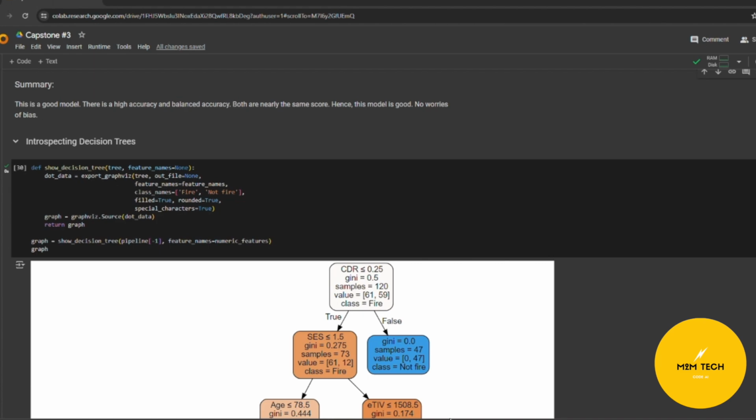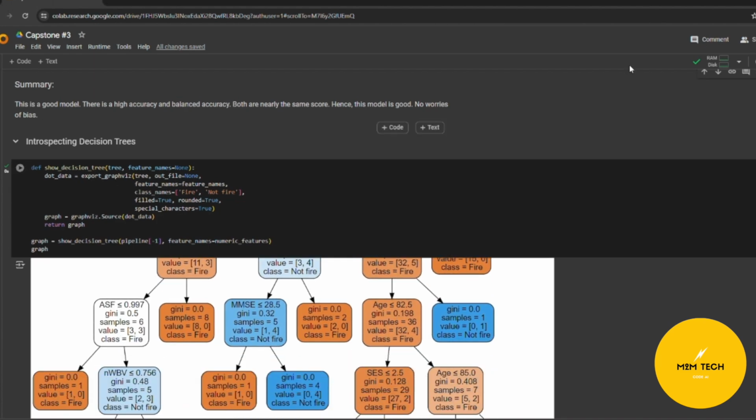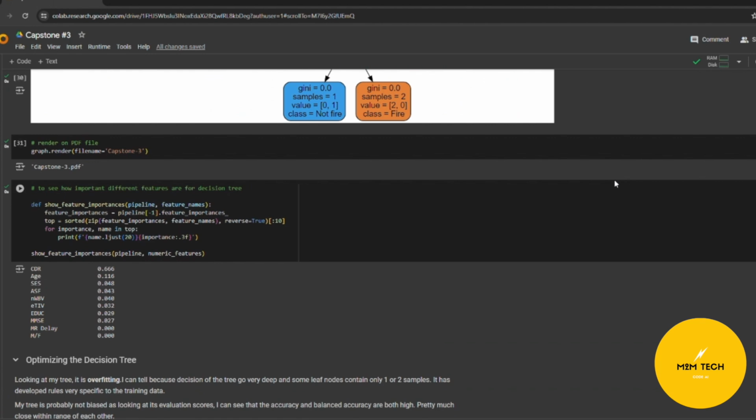This function shows the importance of different features for the classifier, being that CDR or clinical dementia rating, having the highest importance with a score of 0.666, indicating that this feature is the most influential in making decisions in the model.